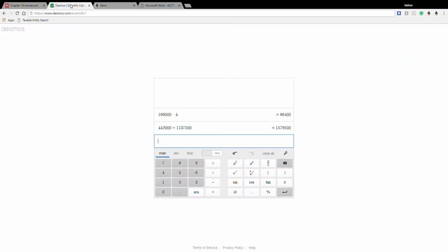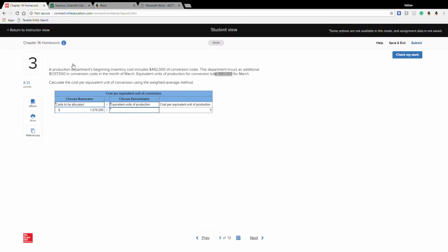Make sure I put that in correctly. Yes, I did. Nice. And then we just put in our units. So 990. And notice that Connect actually did the division for us, which is awesome. We love that. And notice it comes out to about cost per equivalent unit about $1.60, which isn't too bad.